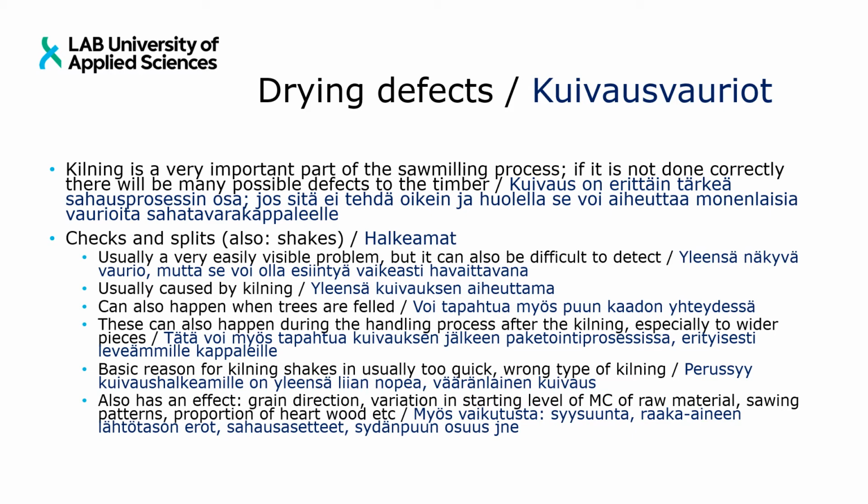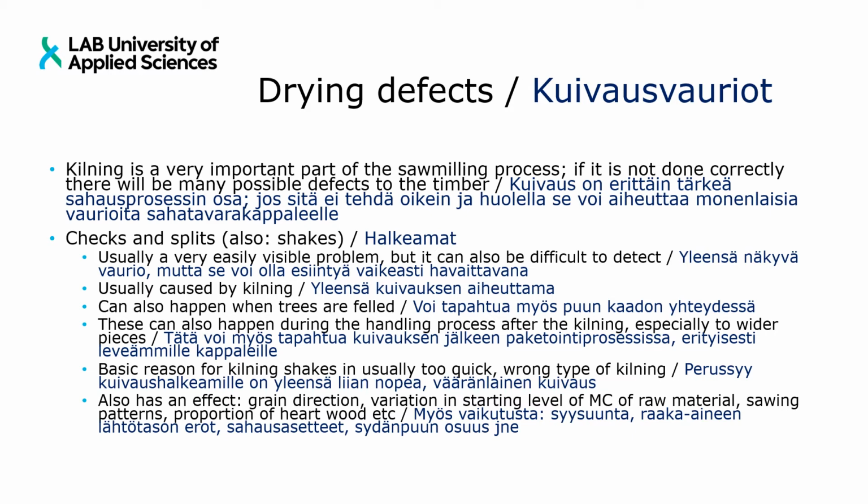Usually it's a visible problem, but sometimes these smaller checks are more difficult to detect. They might, for instance, only become visible when the end product, like a door, is being taken inside, and the air humidity goes down, and it expands the shake.